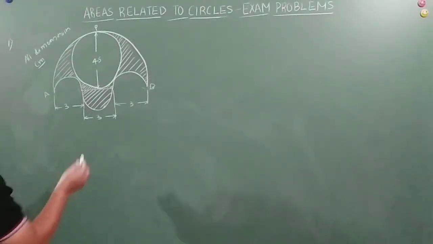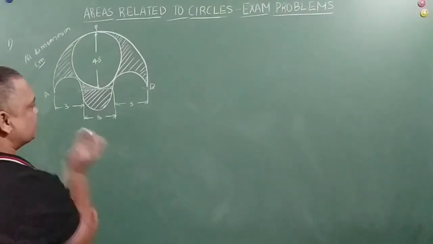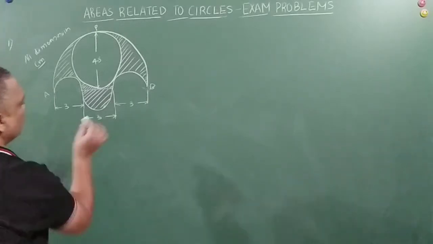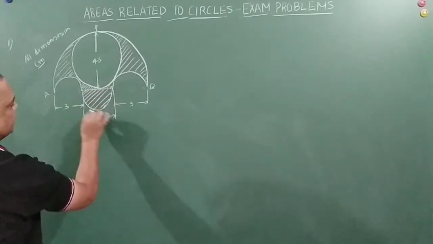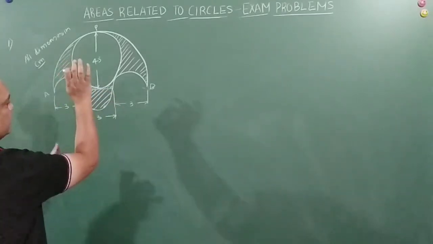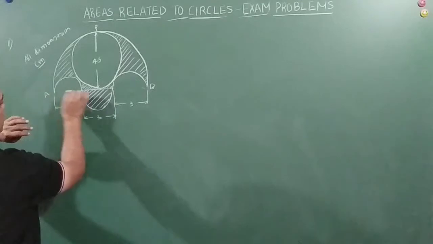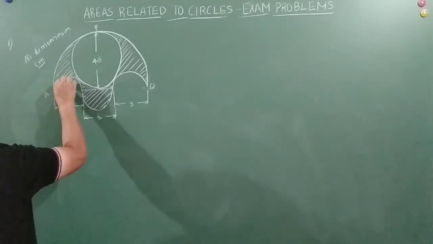So there is one more concept which will actually reduce our effort a little bit. If this semicircle, please pay attention here, I am talking about this semicircle. If I flip it and fix it here, this will be completed, right? Let me just dot it.